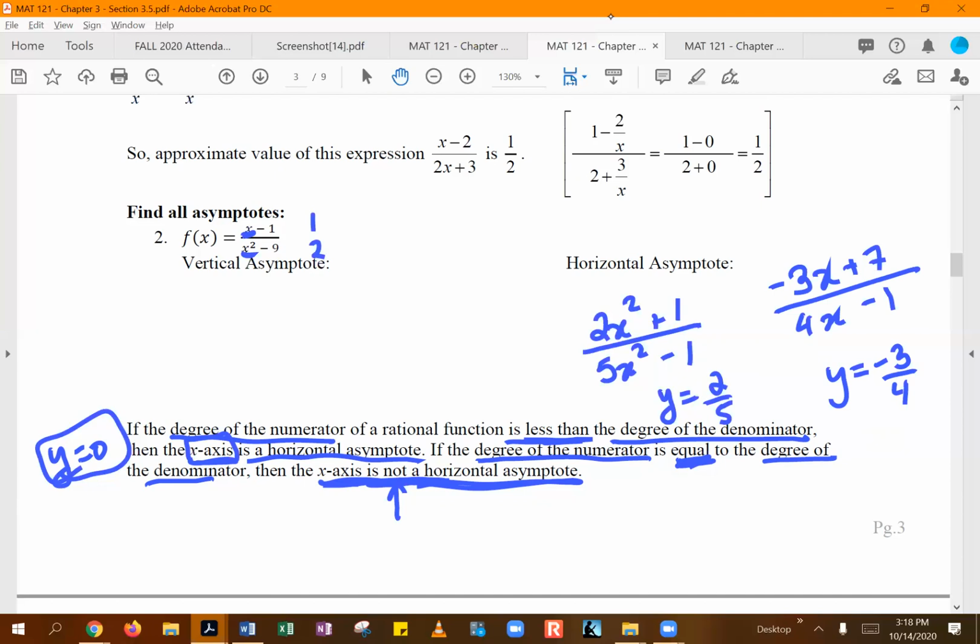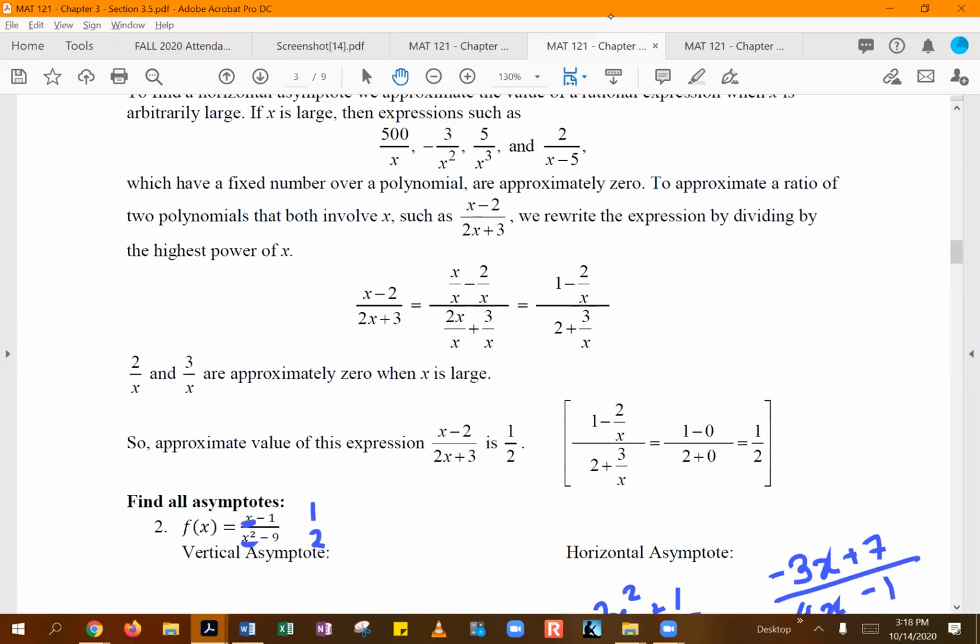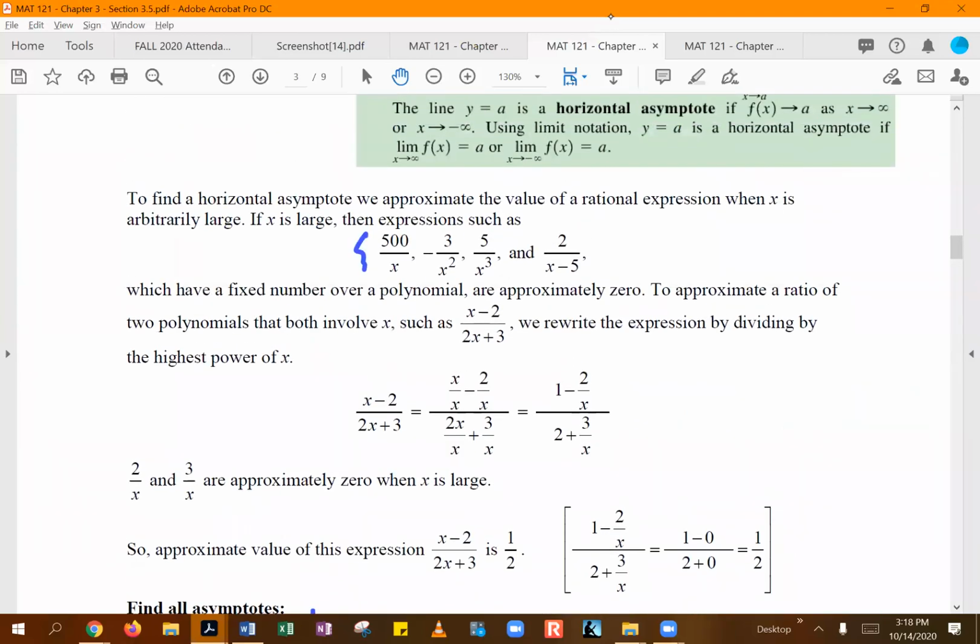So these are the conditions in which you can get horizontal asymptotes. Now you can also have expressions that look something like this, where you just have a number on the top and your x variable on the bottom. It can show up just as x, or x squared or x cubed, any form of that.